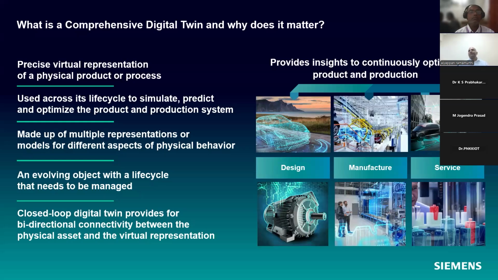Then is it a twin? So it is the starting point. It definitely is not the twin, because you don't have any digital system representing it and optimizing it. Even so, with the data you can go to the level of at least a data twin.